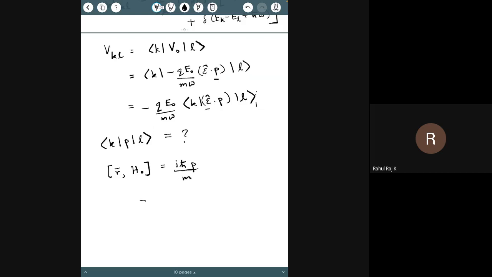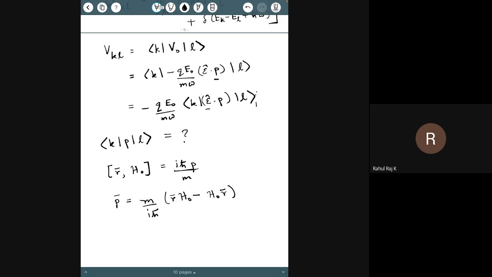So I can write P as basically M by i h cross, R H0 minus H0 R, right? I can write it like this.